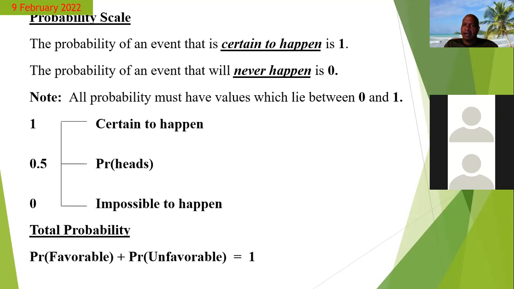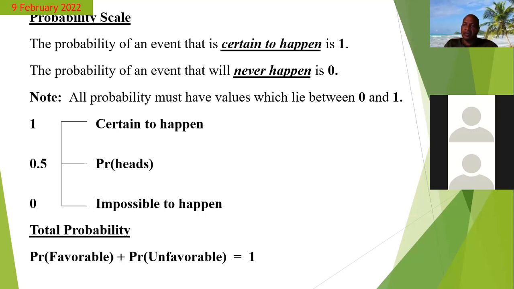Okay, I was saying that if I have a bag of 10 mangoes, 4 of the 10 mangoes are Julie, and the remaining 6 would be East Indian.